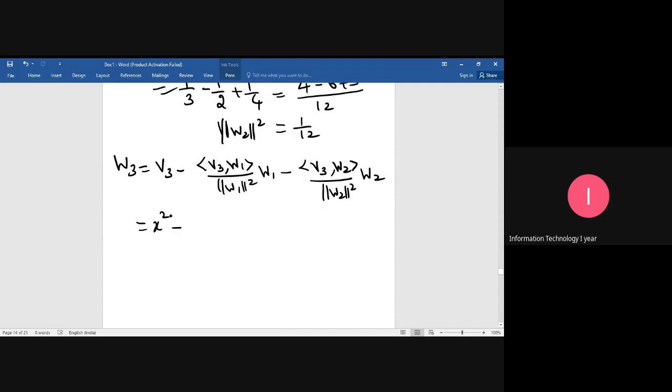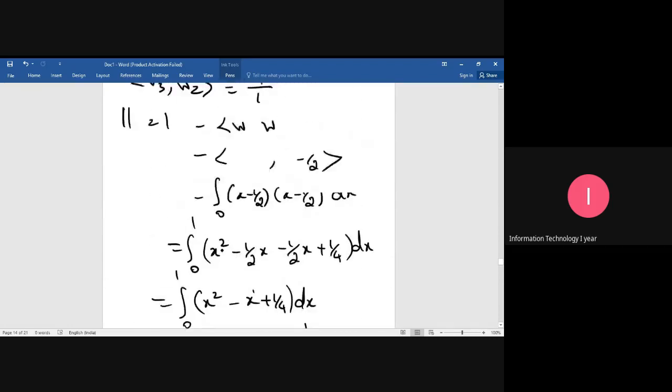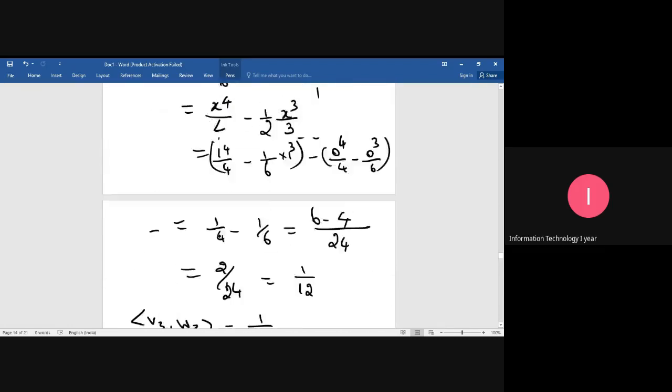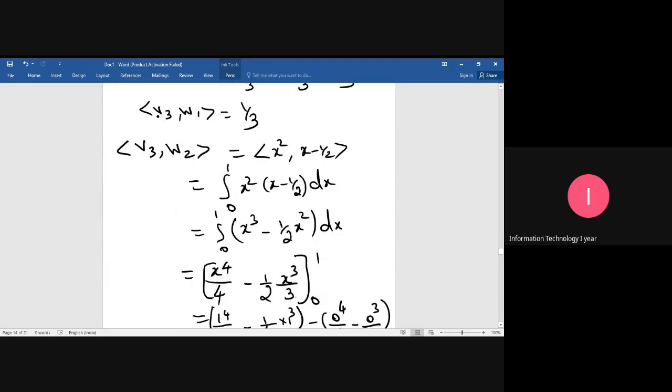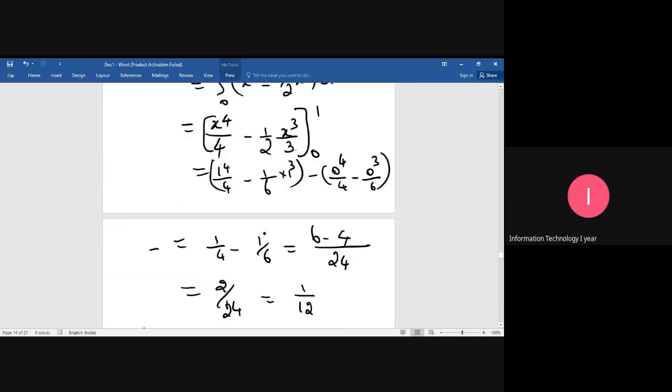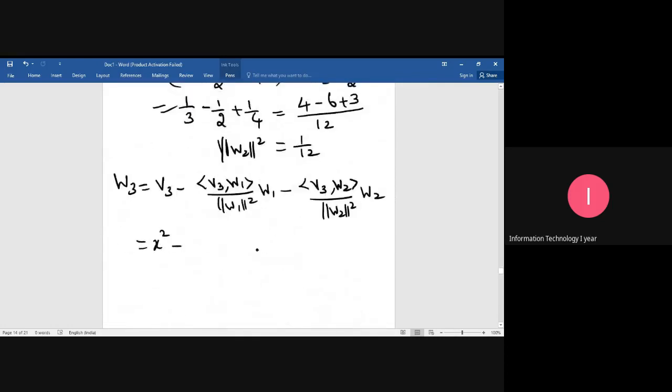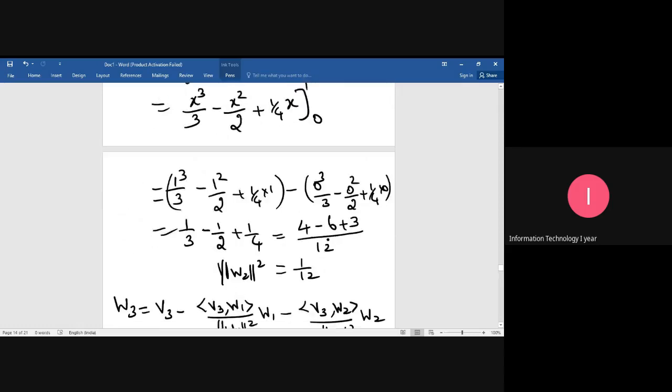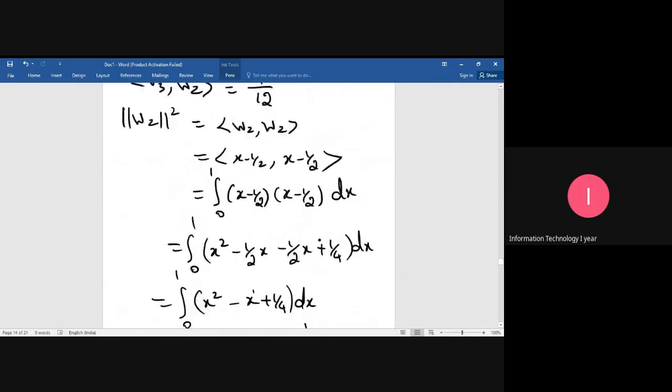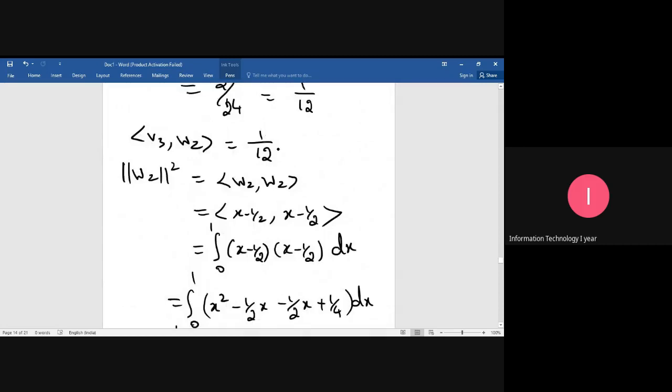Minus inner product of V3 comma W1, which we calculated, is 1 by 3, and the norm W1 square value is 1. Minus inner product of V3 comma W2, which we calculated, is 1 by 12.